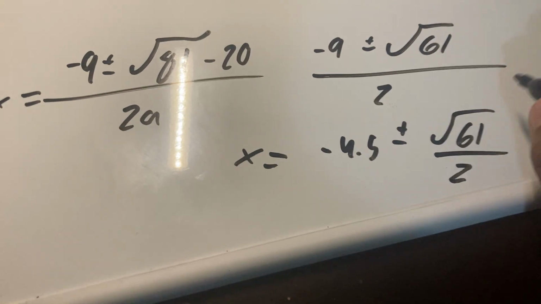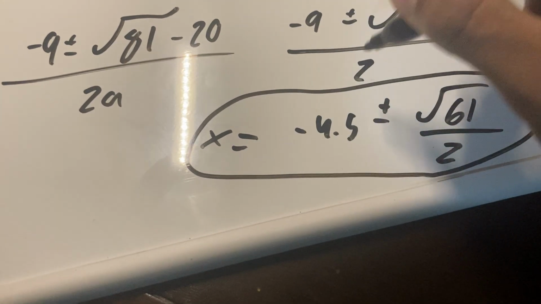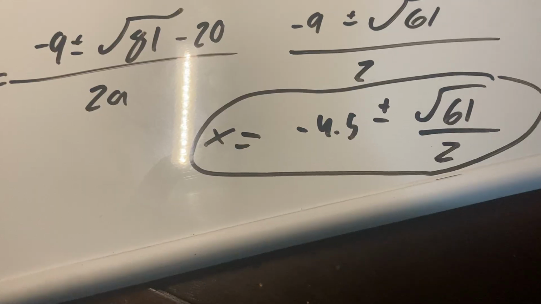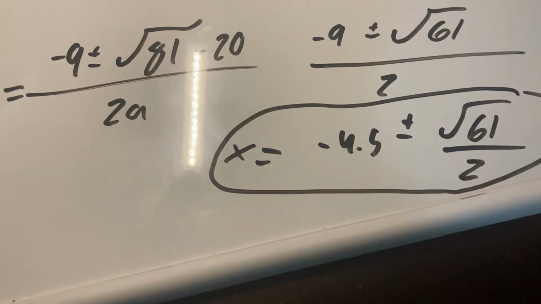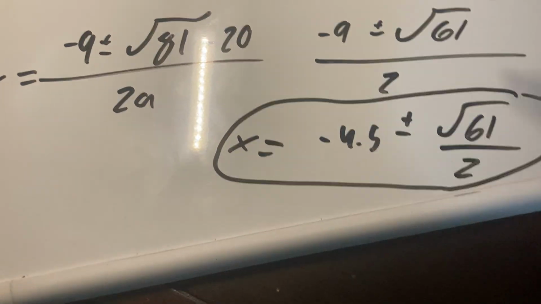So x would equal negative 4.5 plus or minus the square root of 61 divided by 2. Obviously, you can simplify this, but if you don't want to, you get your answer.